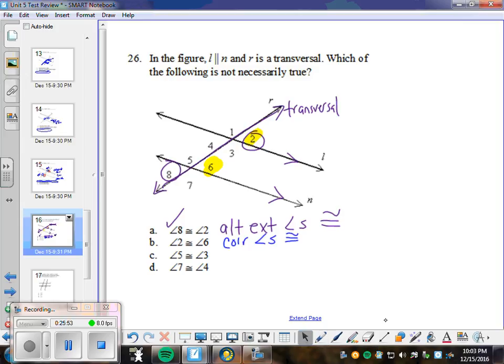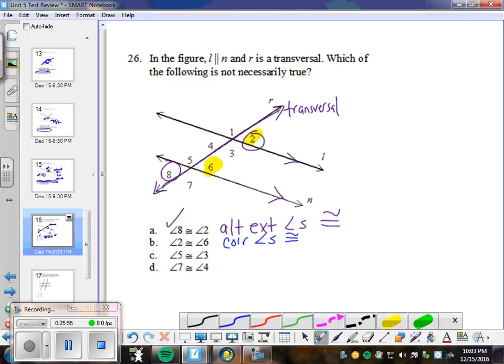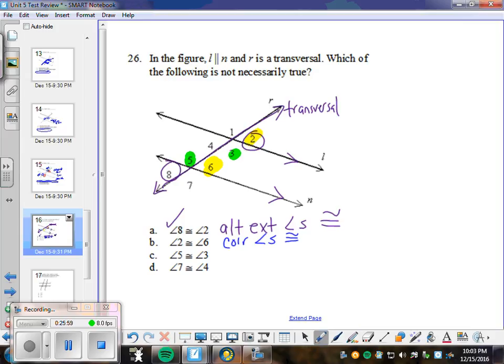All right, 5 and 3. So let me do these in green. 5 and 3 are alternate interior angles, so they are congruent. All right, 7 and 4.